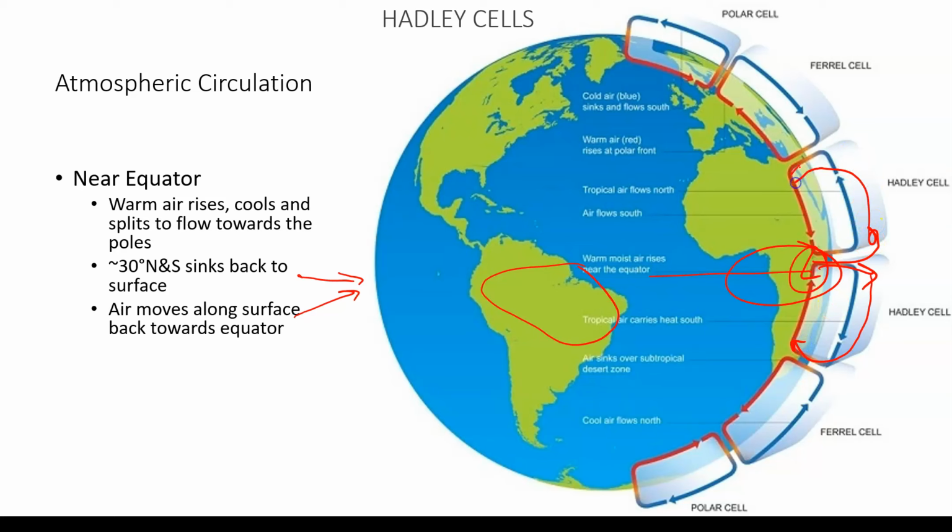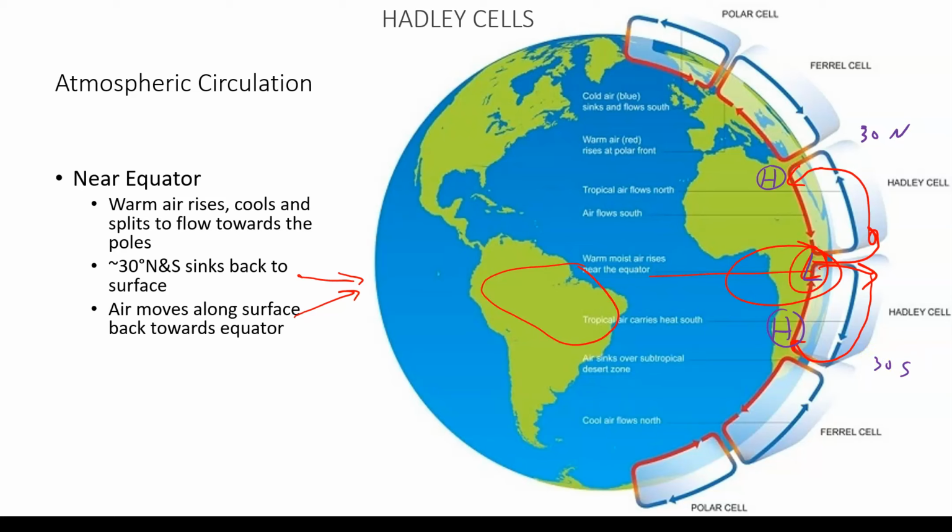Areas where we have sinking air tend to create areas of high pressure. So we have lows at the equator and areas of higher pressure at about 30 degrees north and 30 degrees south. So that's that first set of Hadley cells.